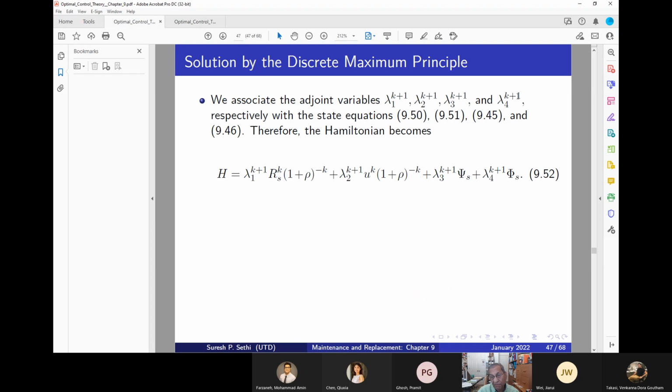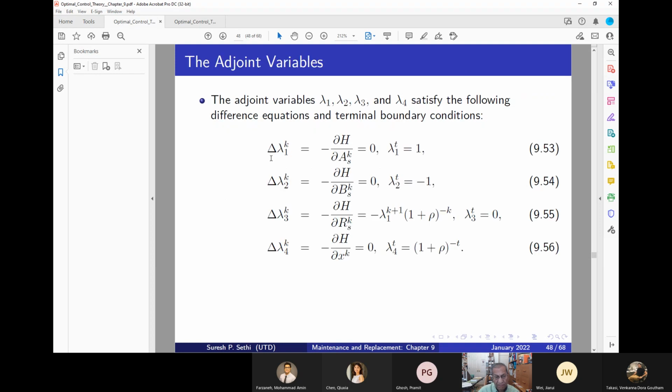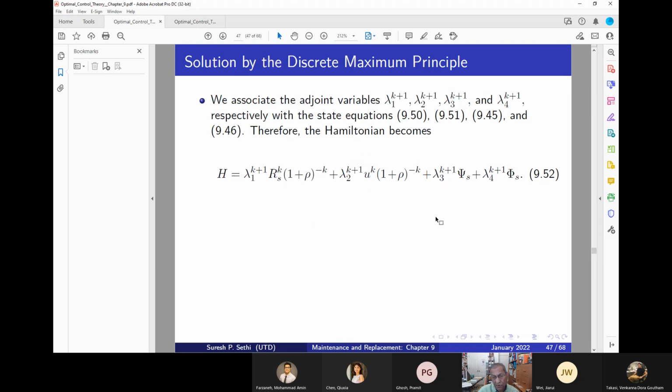Because we have four equations, we have four lambda adjoint variables. We have a Hamiltonian, and each term is associated with one of the variables. And then we have difference equations for the lambdas. Lambda 1 is minus delta A, delta B, and so on. And we have a terminal condition as in Meyer form.